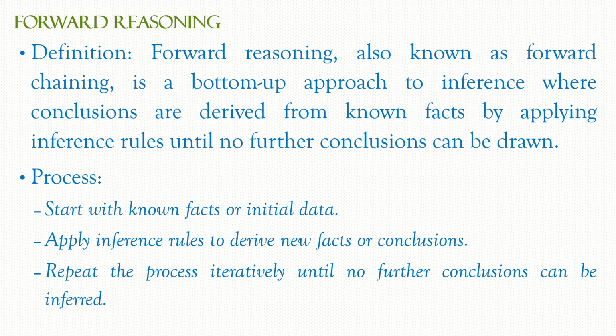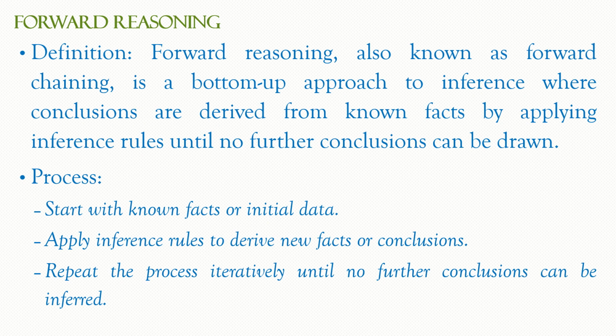Forward reasoning, by definition, is also referred to as forward chaining. It is a bottom-up approach to inference, where conclusions are derived from the known facts by applying inference rules until no further conclusions can be drawn.